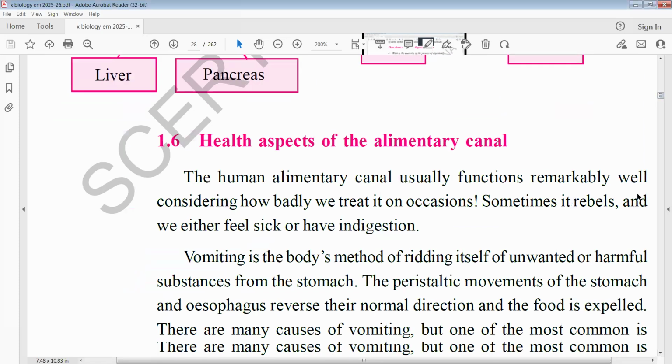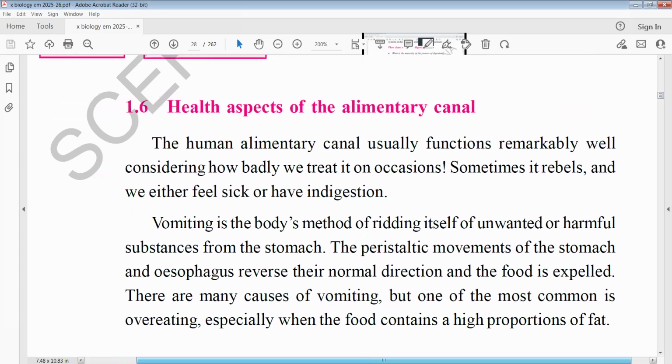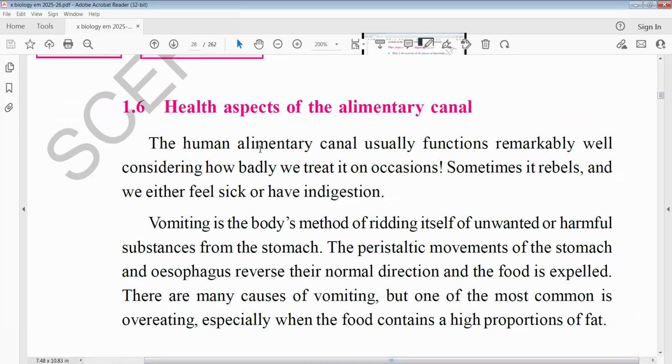Now health aspects. It is important to keep our body healthy. The human alimentary canal usually functions remarkably well. Vomiting sometimes occurs. Vomiting means whatever we have taken into the mouth, stomach or intestine is expelled outside.